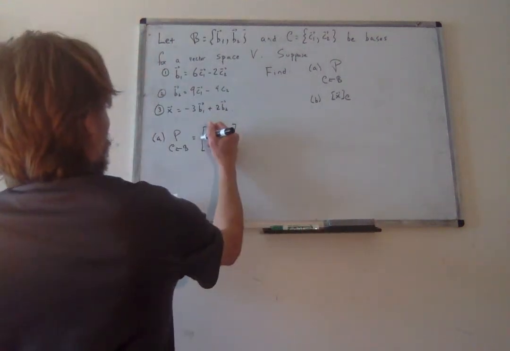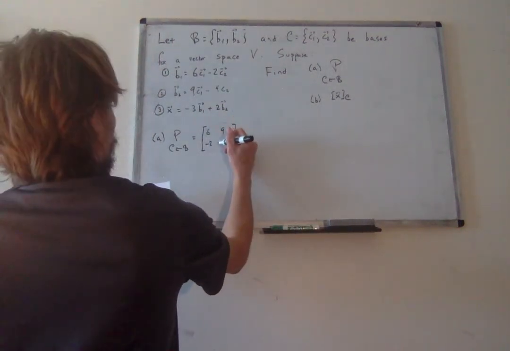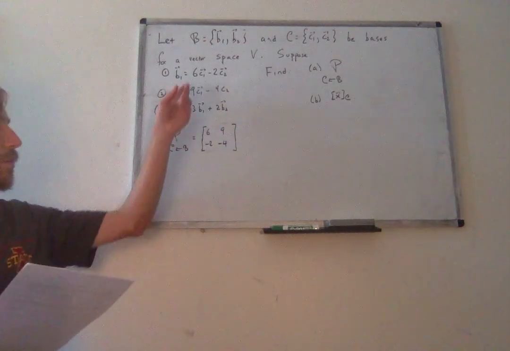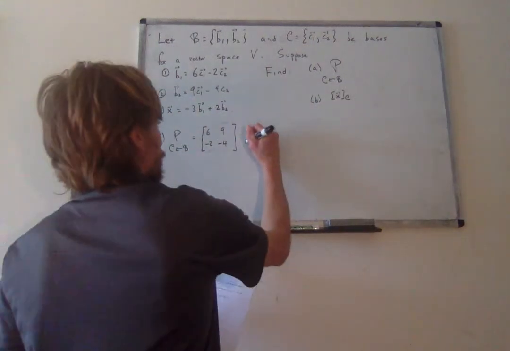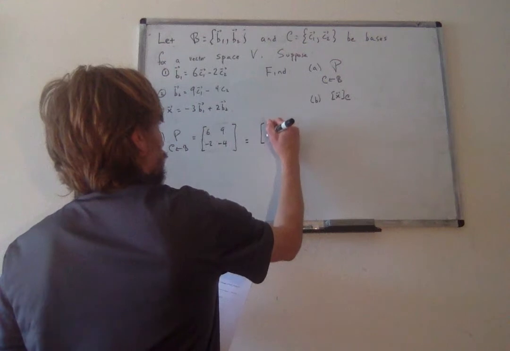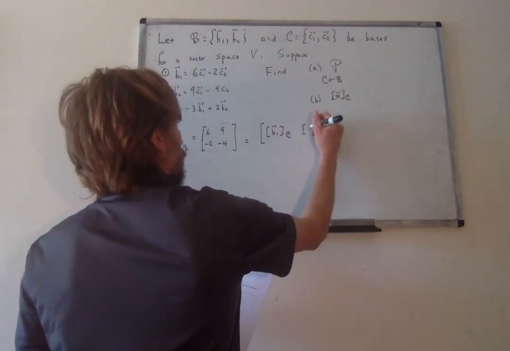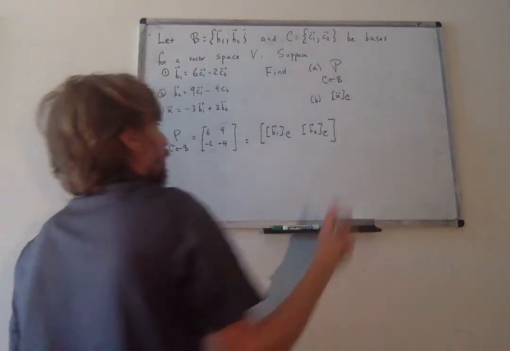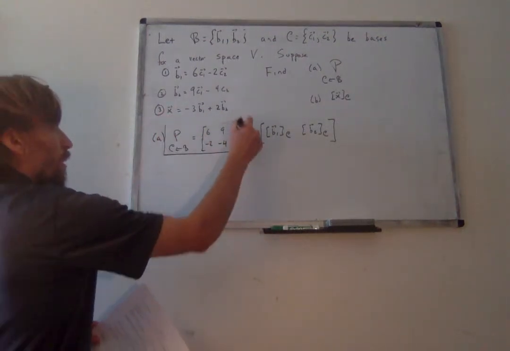The matrix should be 9, -2, -4. Right, because we've got the C1, C2 representation, and so remember, by definition, this is just the matrix whose columns are given by the C representation of B1 and the C representation of B2. And so this is it. This is the answer to part A.